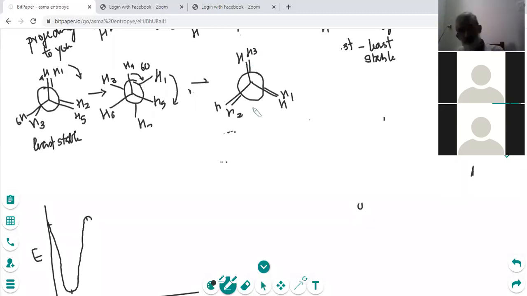So it has come to the original situation. That means you will have the same energy level as at 0. Now it goes further to 180.